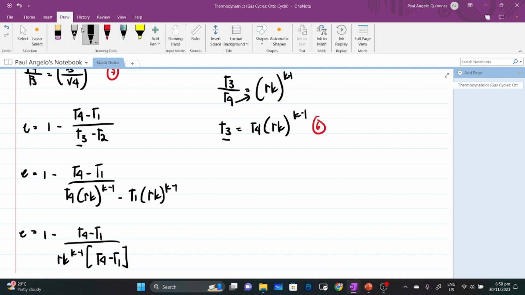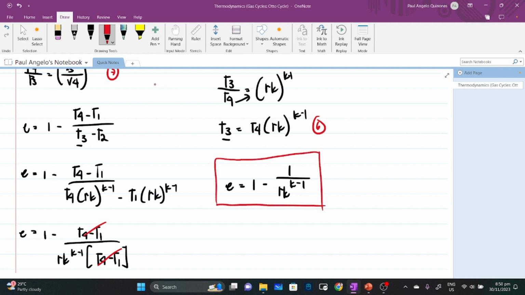T4 minus T1 in the numerator and the denominator will cancel out, leaving us with the simplified version of your efficiency, which is 1 minus 1 over RK raised to K minus 1. You can immediately use this once you are given the value of your compression ratio and K. So this one is equation number 7.